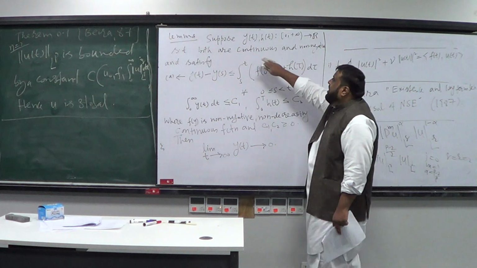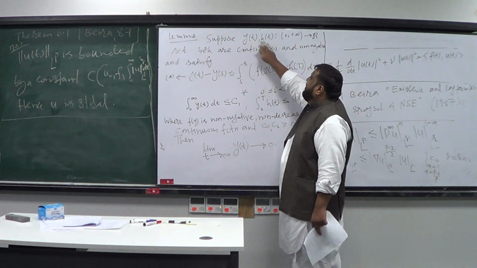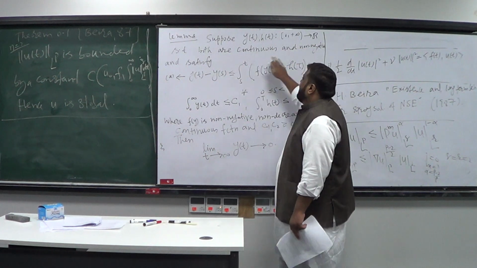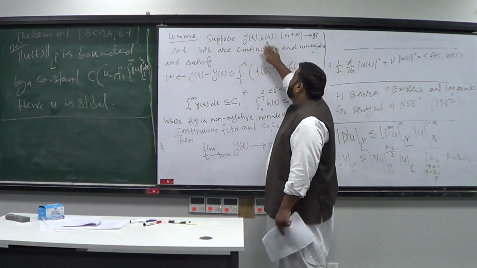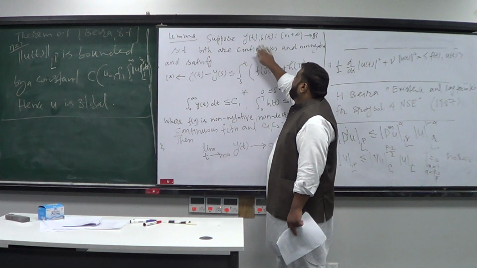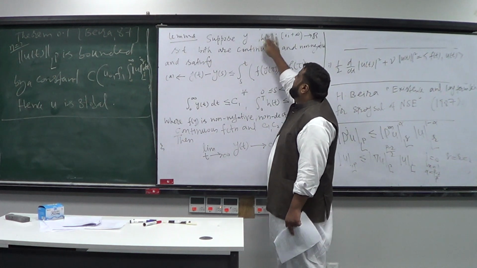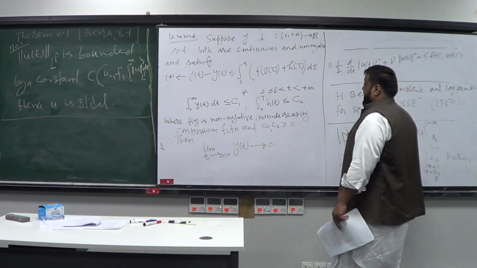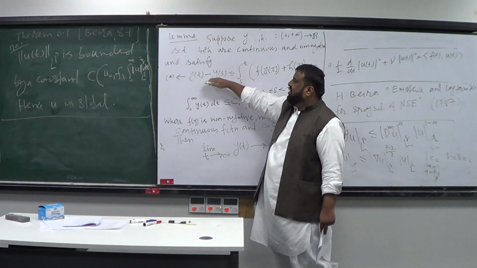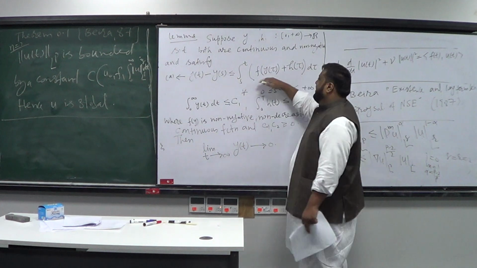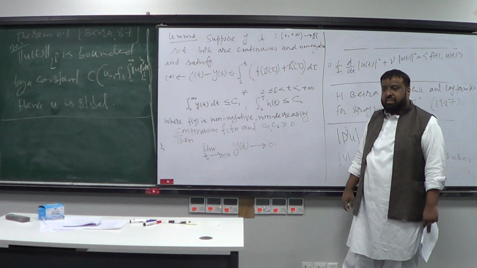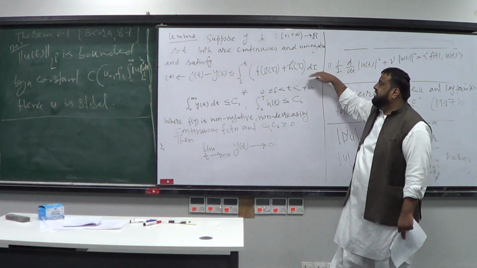So let's recall what it was. Suppose y of t and h of t are such that they are both continuous and non-negative, and they satisfy an integral inequality. If you remember, previously we had a differential inequality.